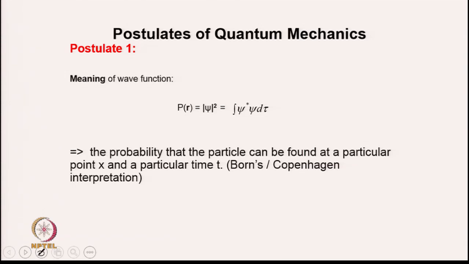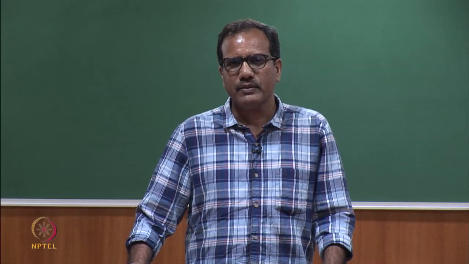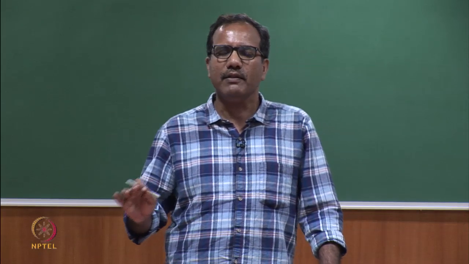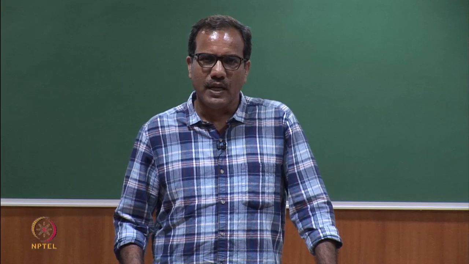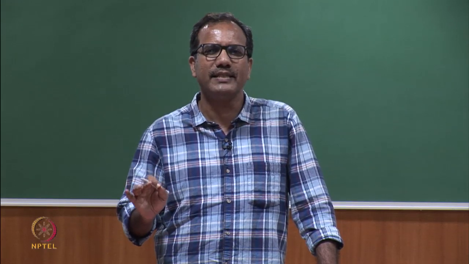So here probability is also proportional to psi square. Since psi can be a complex number, psi square is given by psi star multiplied by psi, the complex conjugate of the wave function multiplied by the wave function, and psi star into psi is called probability density.